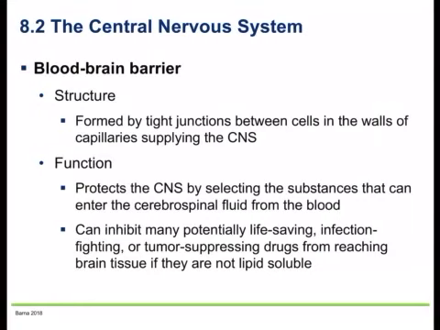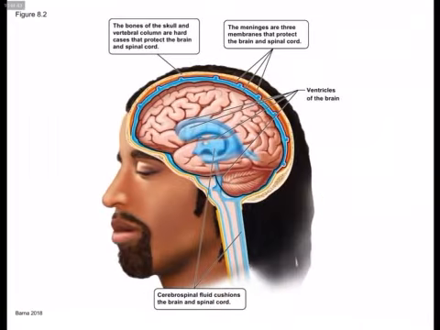And so a lot of things that are lipid soluble can easily pass through, but our body likes to prevent things that could be just circulating in our bloodstream from getting into our central nervous system due to the importance of it. So that blood-brain barrier acts as a selective filter by selecting certain things from the plasma to bring into the CSF and into nutrients into the cells of the brain.